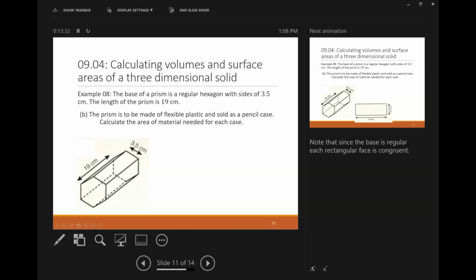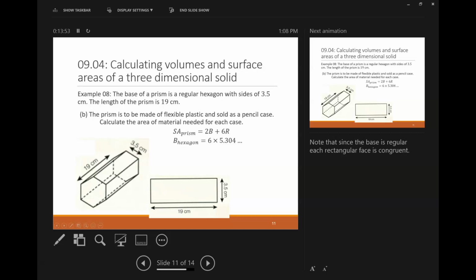It says the prism is going to be made out of this flexible plastic and sold as a pencil case. So how much surface area, which is going to be the same as the area of the material, do we have here? So I have how many of these rectangles? 6 of those, and then 2 of these hexagons. We already know the area for the hexagon because we used it in the previous part.